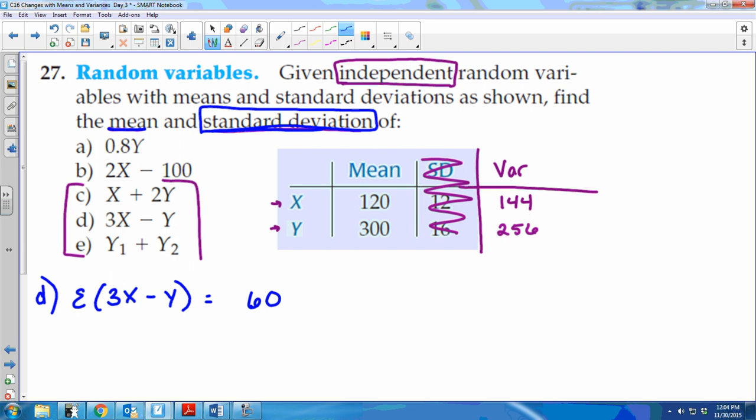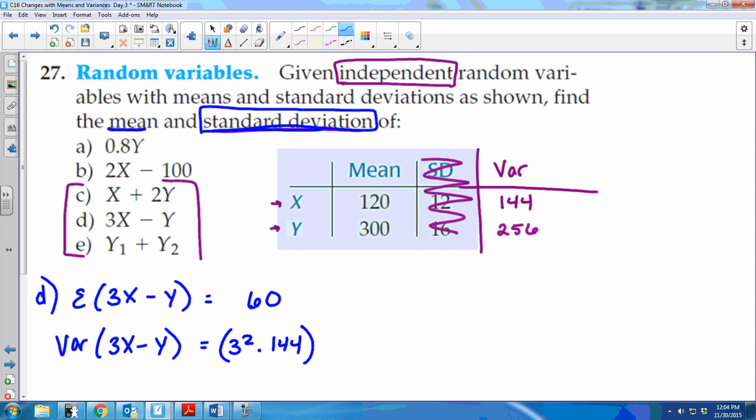Again, to combine variables, we have to do variances. And we always said there's always going to be more variation. So even though there's a subtraction symbol, when we go back to do this, we're actually going to add. All right? So I have 3 times the variance of x. So you have 3 squared times 144.